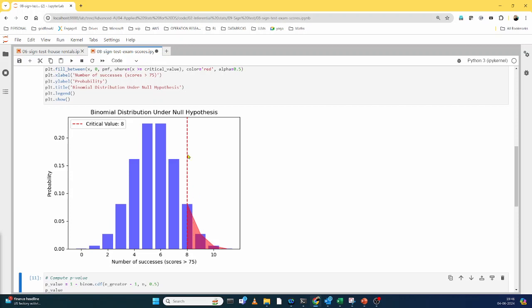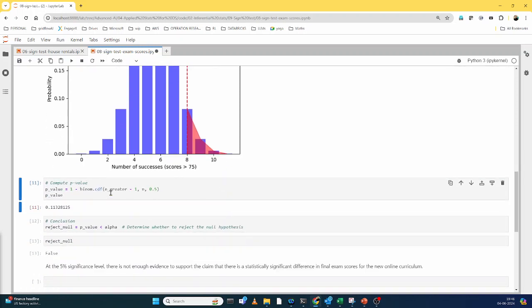And you notice this is your rejection area, and this is my critical region, the red dots, and this is my rejection area. So any value which falls in the rejection region will be a candidate for rejection. So we look at the p-value 0.11, which is not less than 0.05. So we will not be able to reject the null hypothesis.